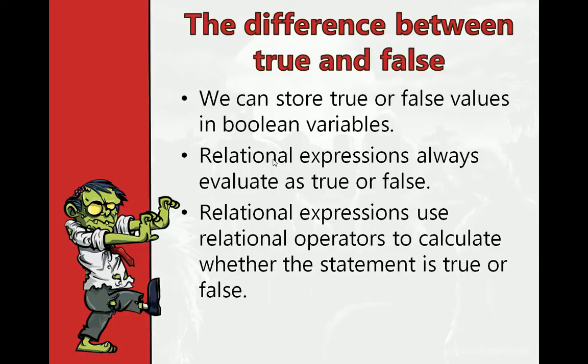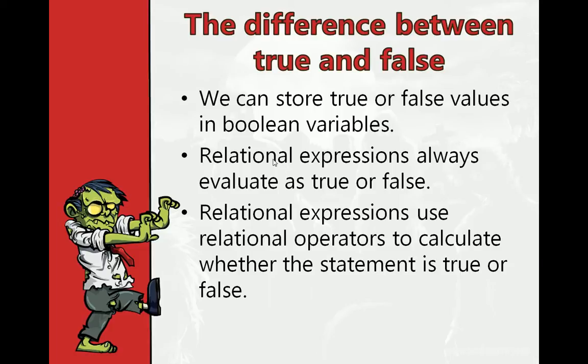So, the difference between true and false. We know that we can store true or false values in Boolean variables. If we go back to a couple of videos about data types, Boolean variables can store either true or false values. You don't actually store the word true or the word false in the Boolean variable. Generally, you store either a 0 or a 1 for binary, 0 being false and 1 being true. But for our purposes, we can say it's true or false. Relational expressions always evaluate as either true or false.